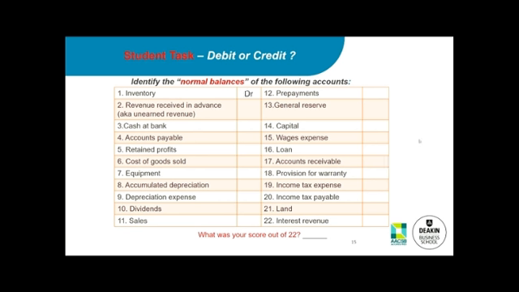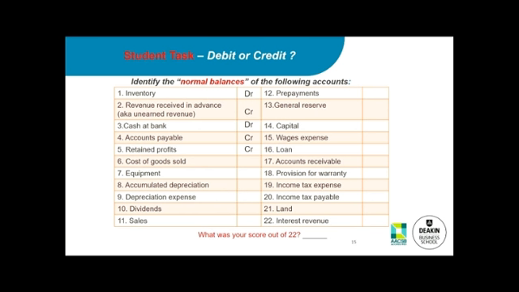Right, inventory was a debit because it's an asset. Revenue received in advance is a liability, so it should be a credit. Cash at bank, an asset, so it should be a debit. Accounts payable, a liability, so that's a credit. Retained profits is part of equity, so that's a credit.